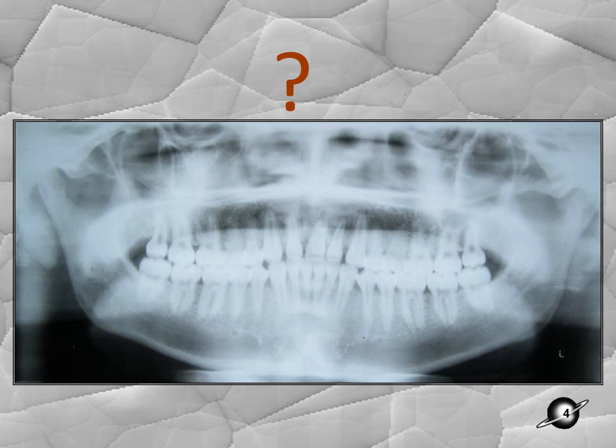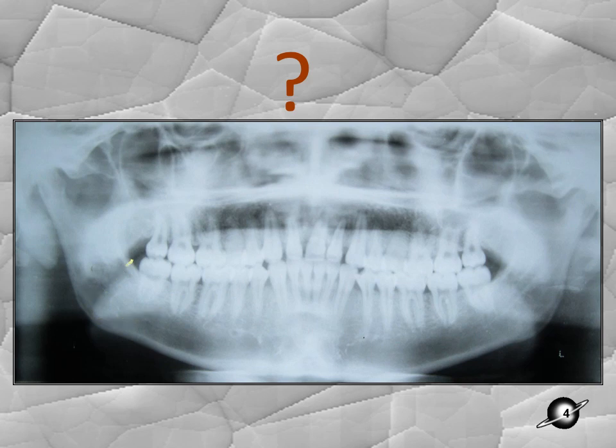And here we have an interesting slide. So what is it? This is nothing but a ghost image, that is the opposite side mandible, the ghost image, that's how it appears.